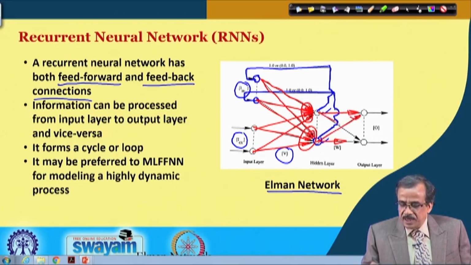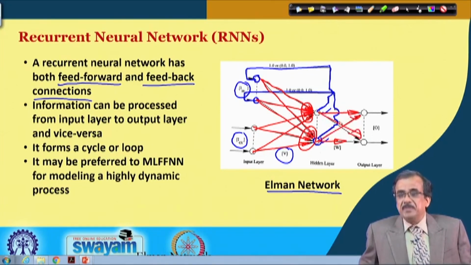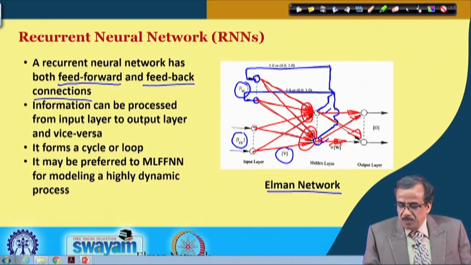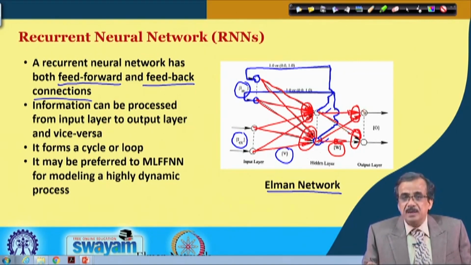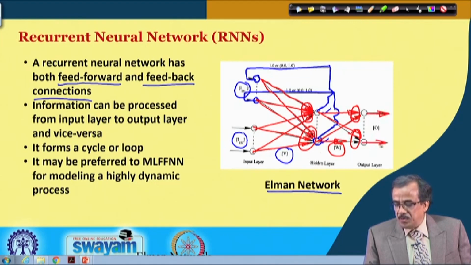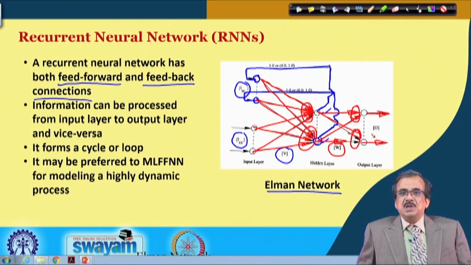Whatever output we get here, we multiply by the connecting weights, denoted by W, and here we will be getting the combined input for the output layer. The output layer neurons have some transfer function, so I will be getting the final output. That completes one iteration of this network.